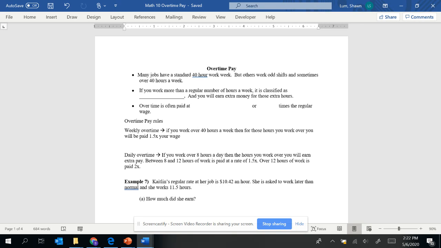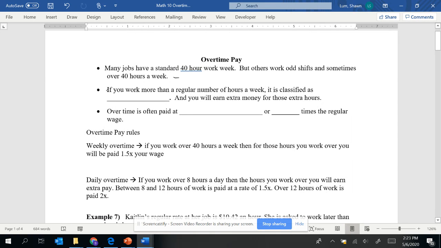Anyways, for overtime pay, many jobs have a standard 40-hour work week, but others work odd shifts, and sometimes people work more than 40 hours. If you work more than the regular number of hours a week, then it is classified as overtime, and you will earn extra money for those extra hours.